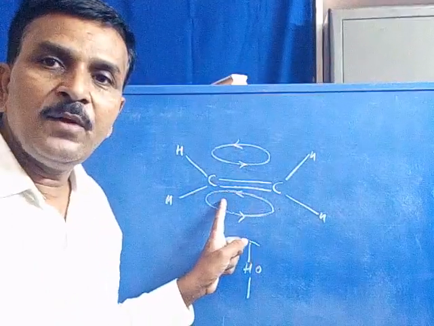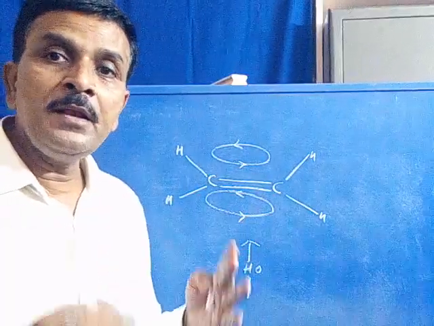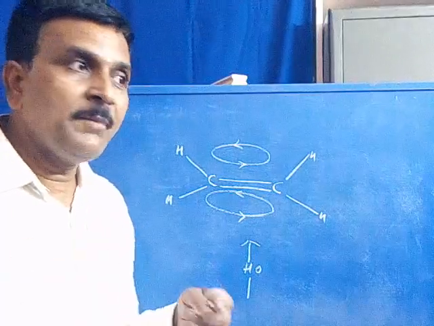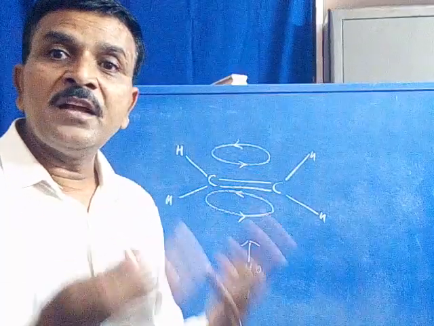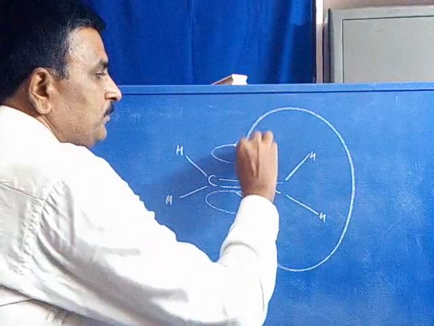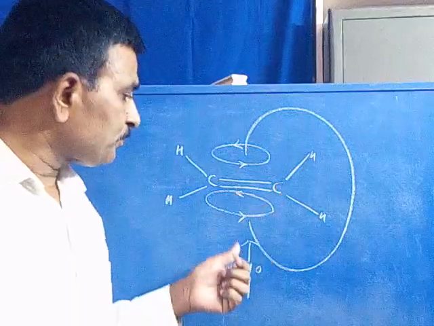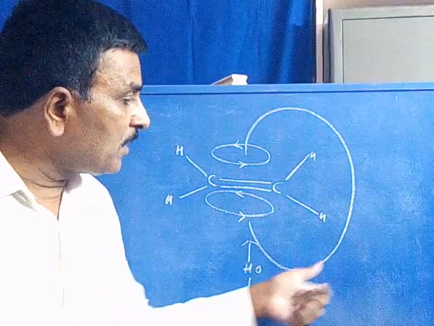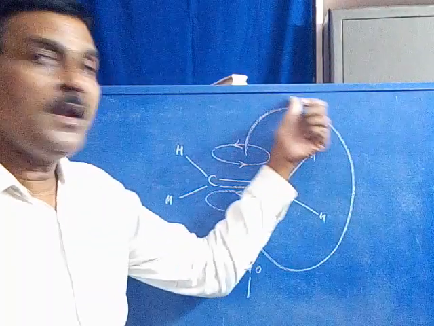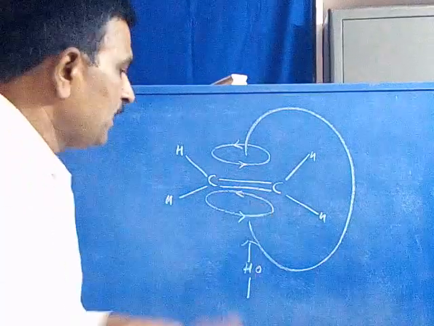Now, the circulating electron cloud above and below the plane of ethylene results in the production of a secondary magnetic field from the bottom center of the molecule, in this way. When the pi electron clouds circulate above and below the plane, they generate a certain amount of secondary magnetic field from the bottom center of the molecule, which travels along the molecule and enters into the top center.